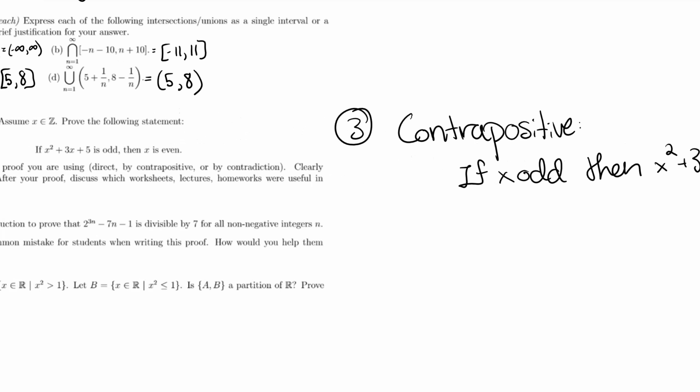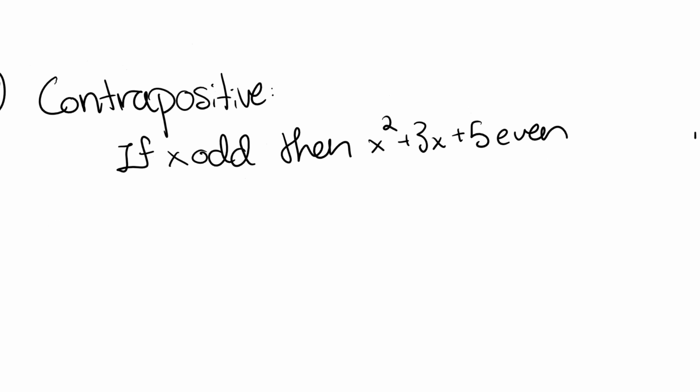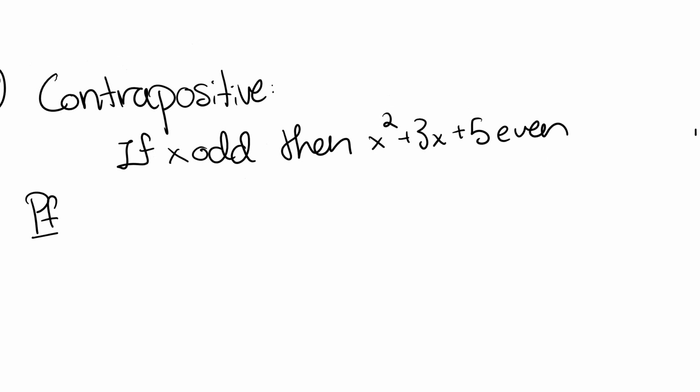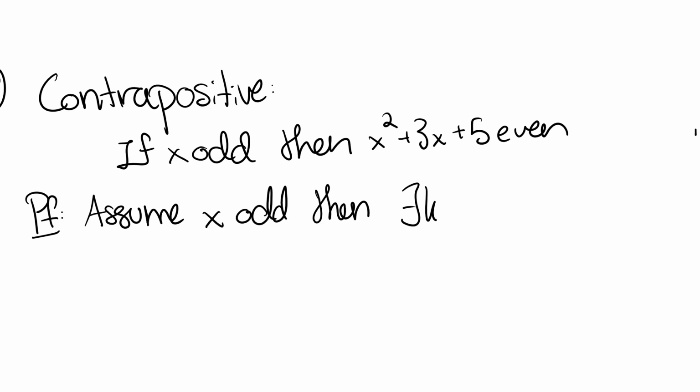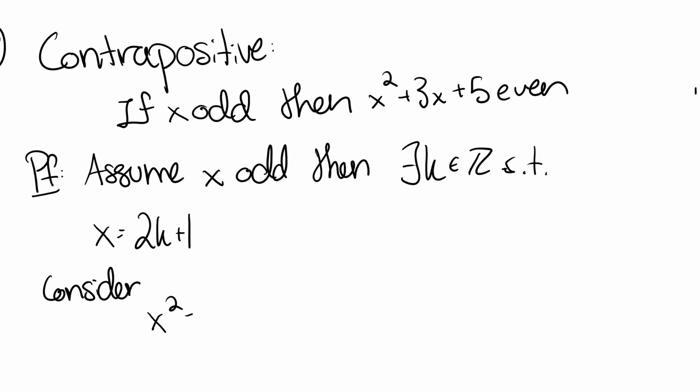Okay. So I want to prove this contrapositive. Proof. Assume x odd. Then there exists some k in the integers such that x equals 2k plus 1. Okay. x squared plus 3x plus 5.